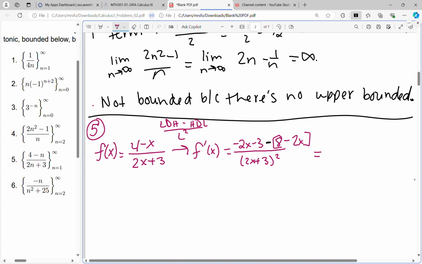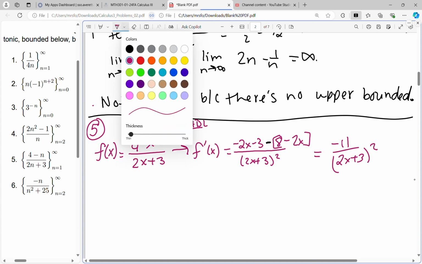Negative 3 minus 8 is negative 11 over (2x plus 3) squared. I don't think there's really any reason to take the denominator out and square it with FOIL or anything, because we can look at this and get what we need.